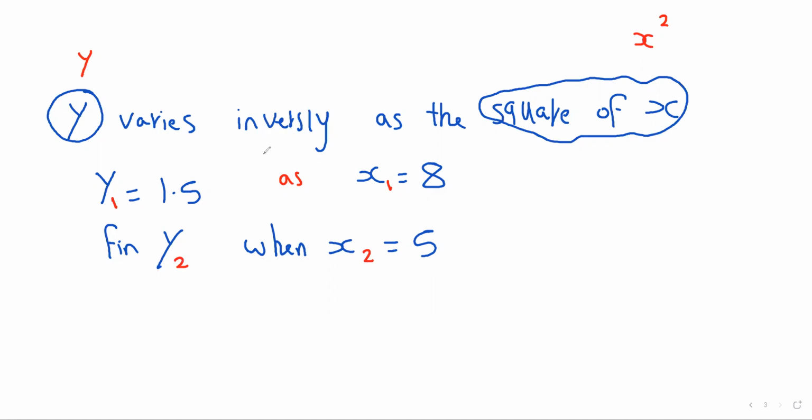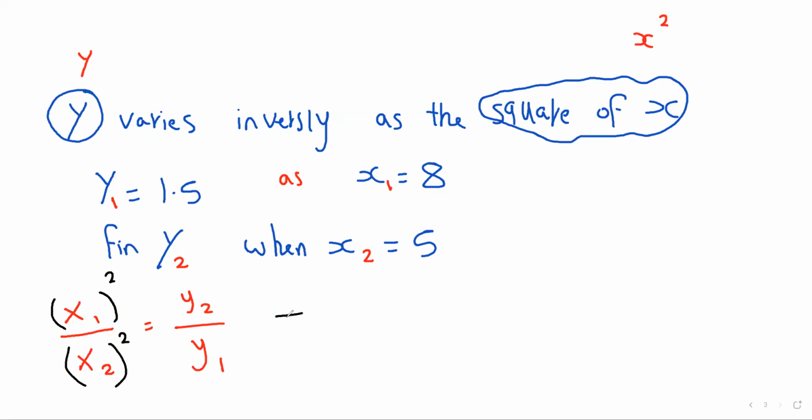In the inverse variation, we know that x1 over x2 equals y2 over y1. But it's not x, it's the square of x. So x1 to the power of 2 over x2 to the power of 2 equals y2 over y1.